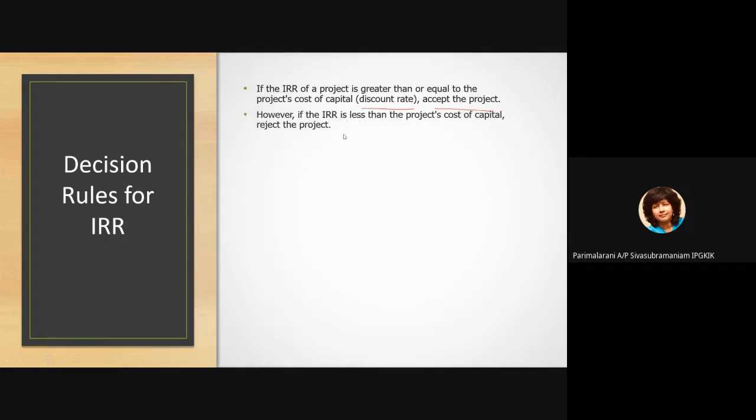But if the IRR is less than the project's discount rate or cost of capital, reject the project. The rationale is that you never want to take on a project for your company that returns less money than you can pay to borrow money.